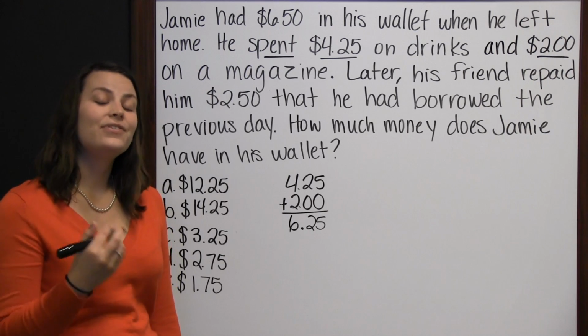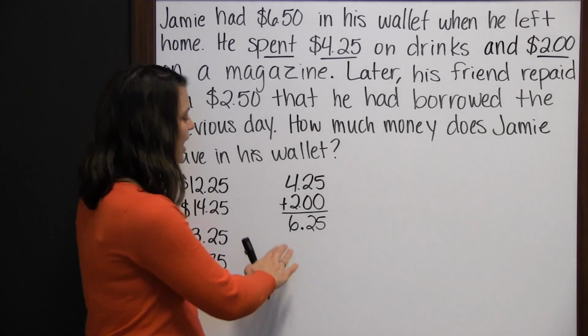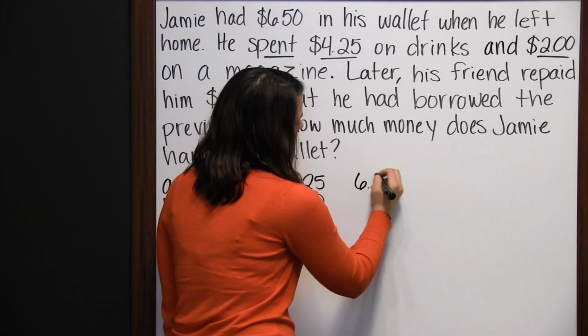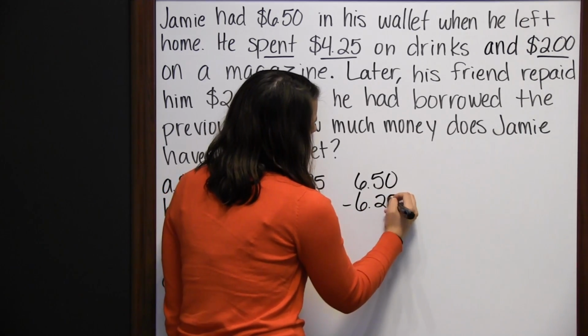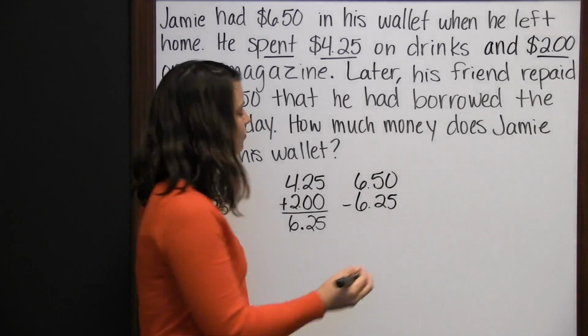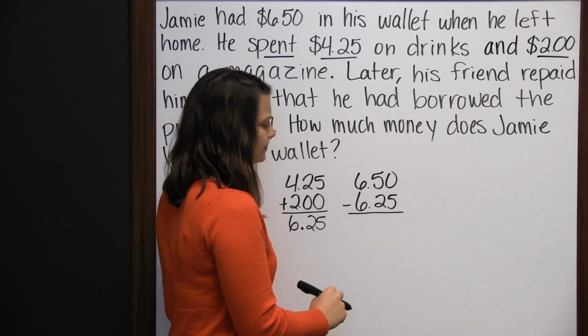So now I know he spent a total of $6.25. And if he spent that much money, then that's money that is taken away from what he had. So he started with $6.50, but he spent $6.25. So I have to subtract what he spent from what he had before. And again, we need to line up our decimals.